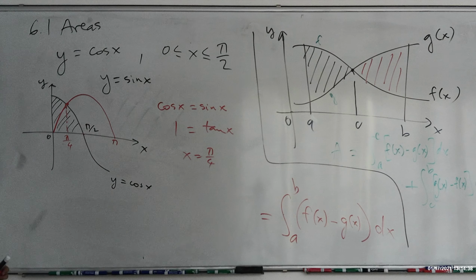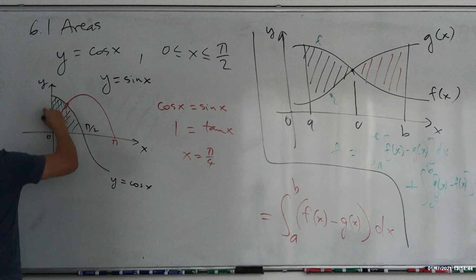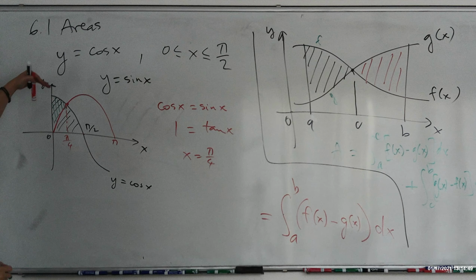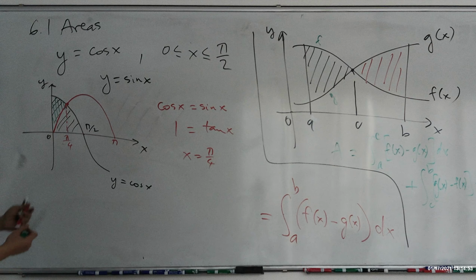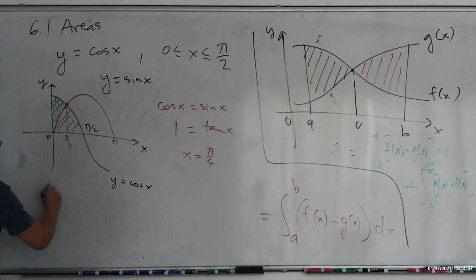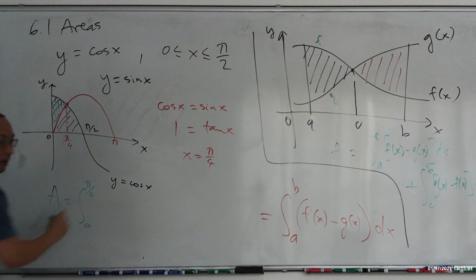Okay. So, what if I want you to calculate this area? The green one right here. So you have to take the upper function, subtract the lower function. The upper one is cosine, the lower one is sine. And x runs from 0 to pi over 4. So this green area will be the integral from 0 to pi over 4.